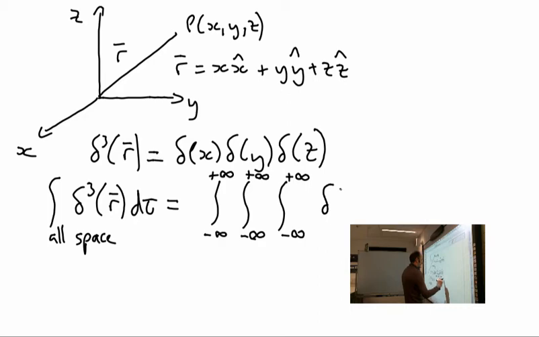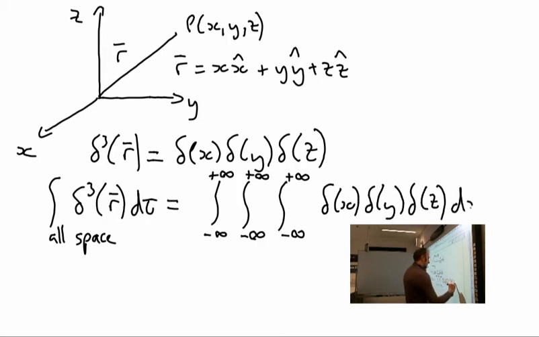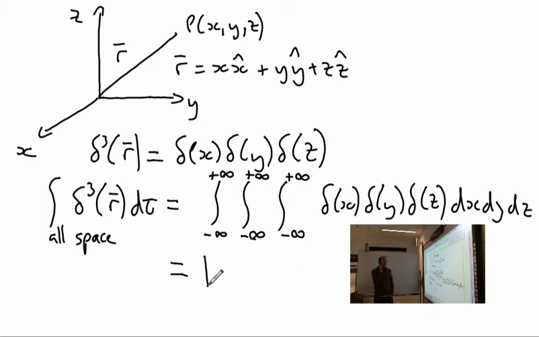Okay, so we have delta x dx, delta y dy, delta z dz. So the integral of each of the delta functions with respect to x, y, and z is going to give us an answer of 1.